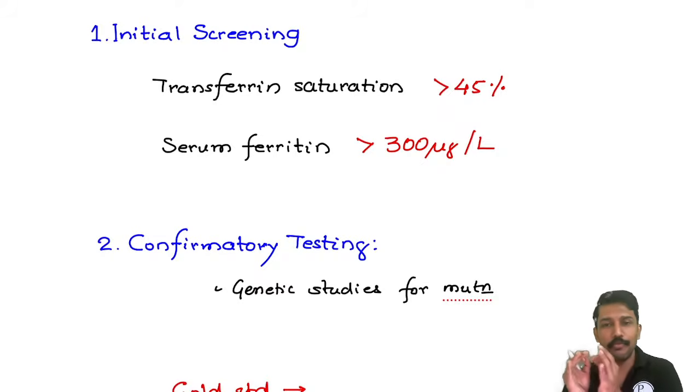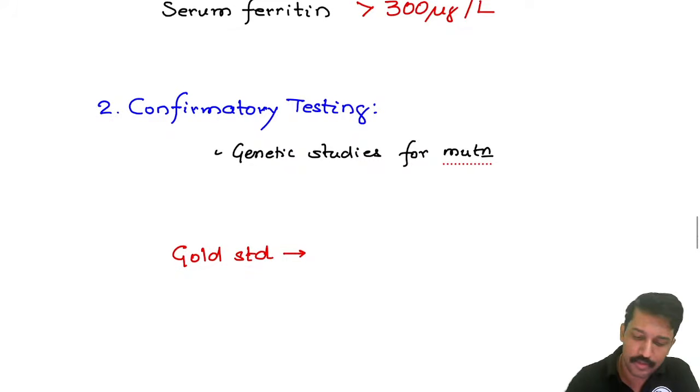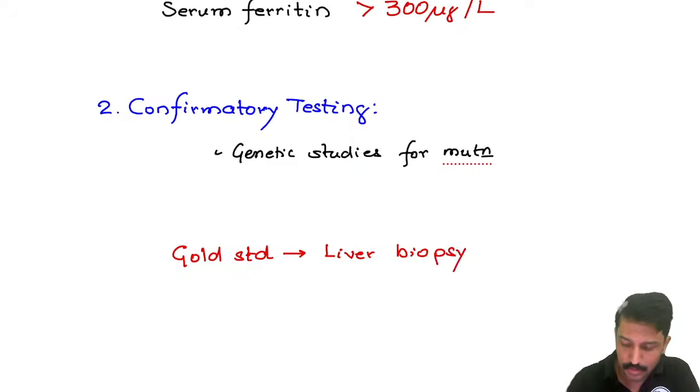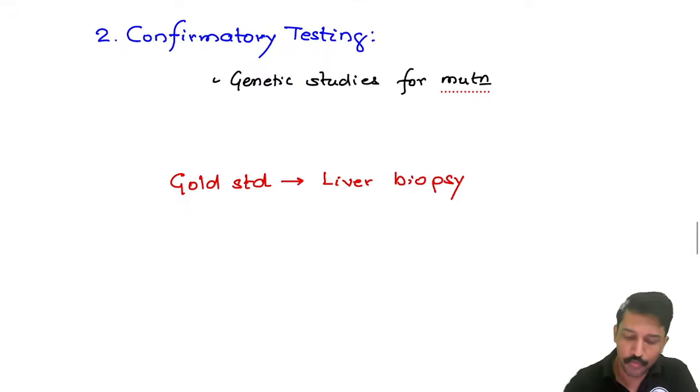Right. But if you are in doubt, you want to do a gold standard confirmatory investigation, the gold standard confirmatory investigation will be liver biopsy. So what am I going to find in the liver biopsy? In the liver biopsy, there will be iron deposition in the hepatocytes, not in the Kupffer cells, in the hepatocytes.